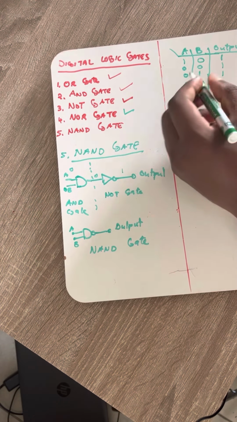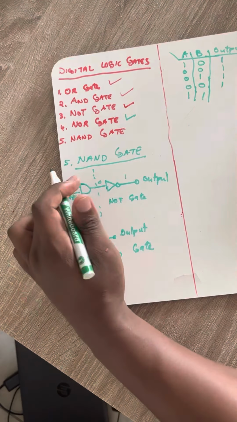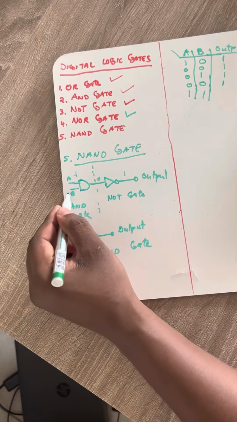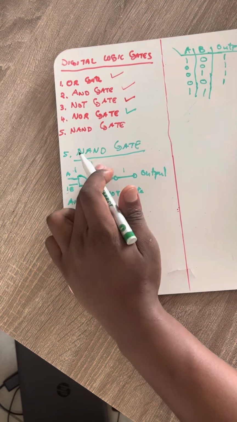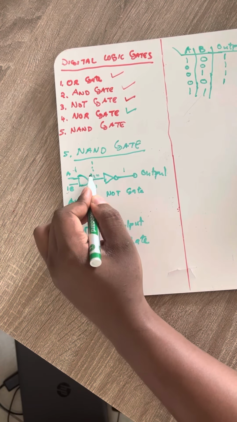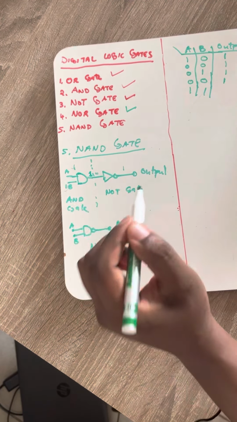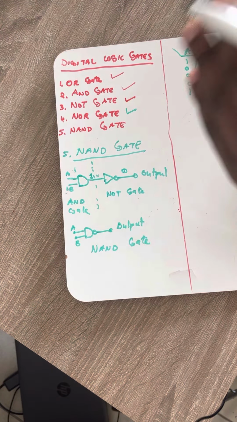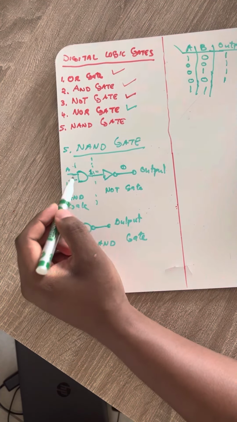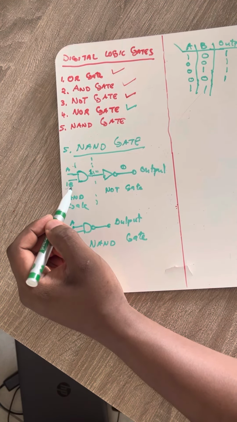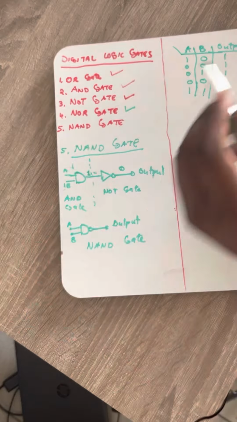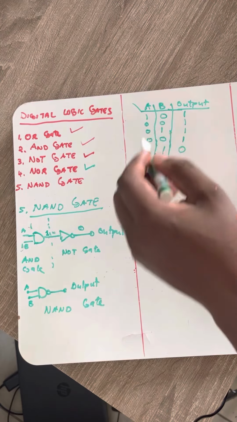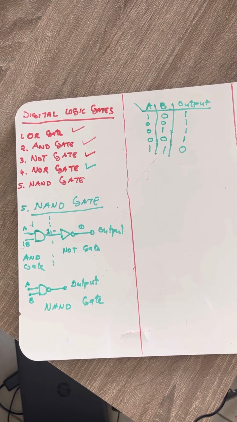The last condition is where A is 1 and B is 1, right? 1 times 1 will be 1. The inverse of 1 will be 0. So on the NAND gate, two inputs of 1 give you a 0 output, right? So this is the truth table for a NAND gate.